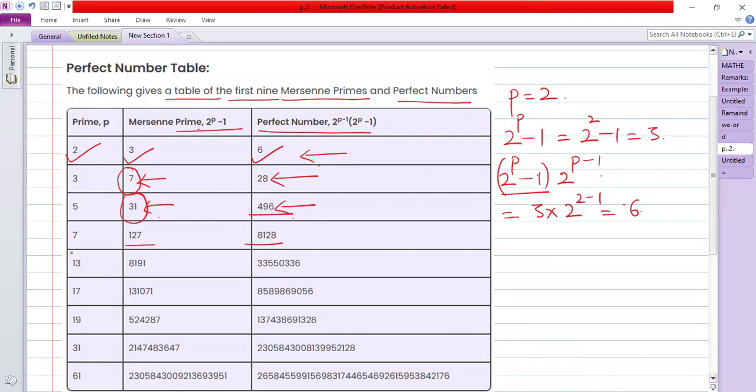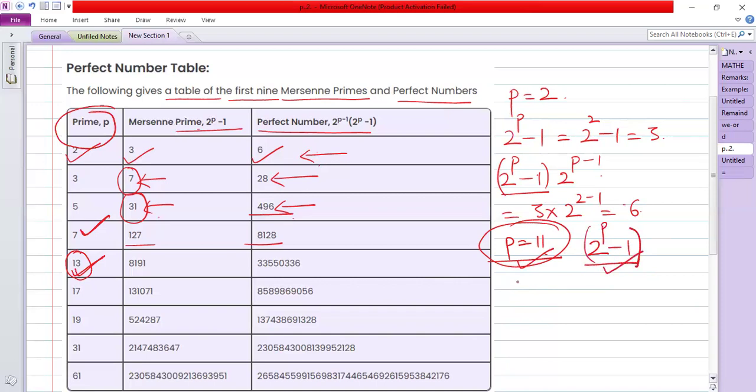Now, someone may be surprised to see that after 7, it is 13. After 7, it is 13. This means p equal to 11 is missing. Why is it missing? The answer is in the same thing I just pointed out: 2 raised to power p minus 1 should be a prime number.